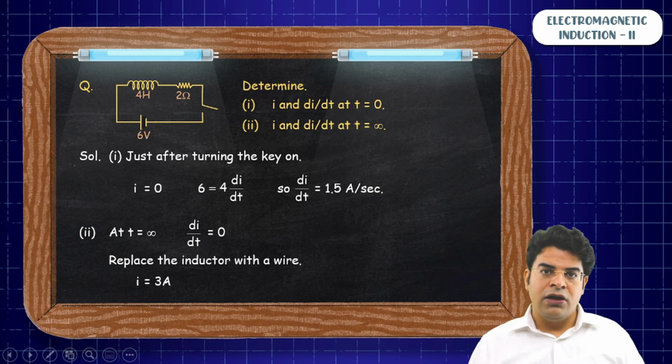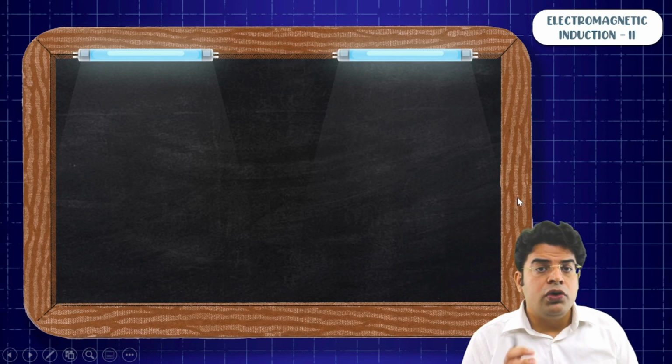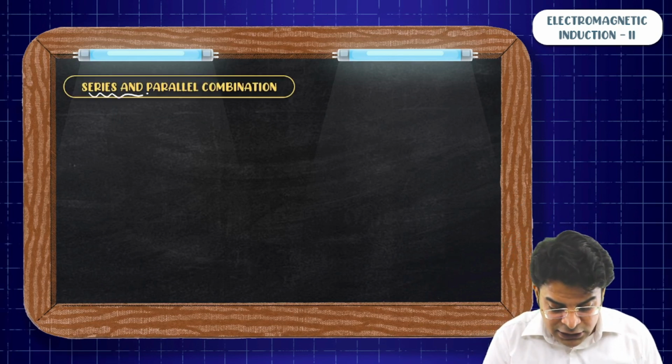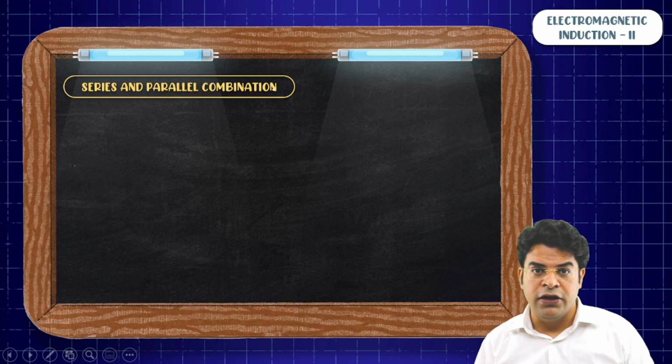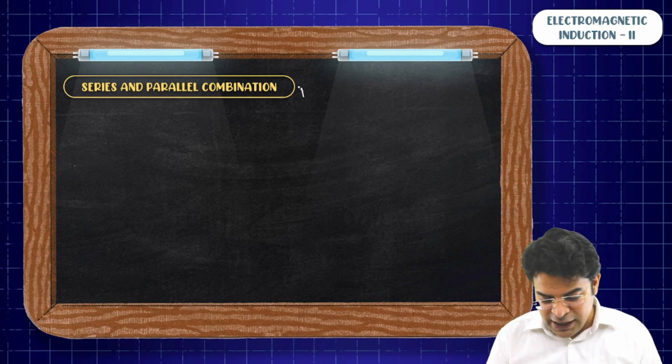Okay. Now let's move ahead. Before we move on to understand mutual inductance, let's learn series and parallel combination of inductors. Now this is way easy. Just remember one line: inductors like resistors.